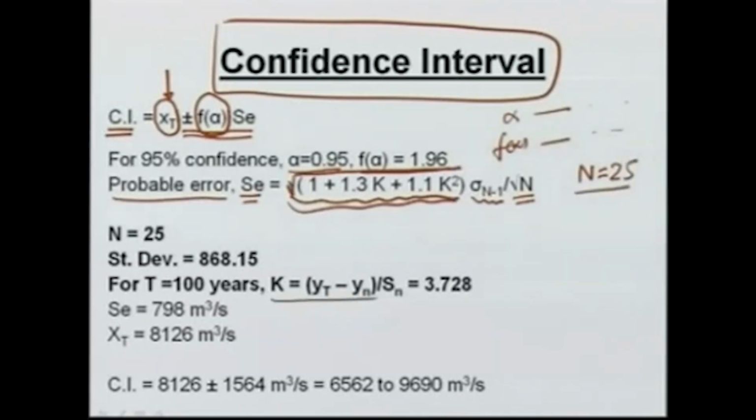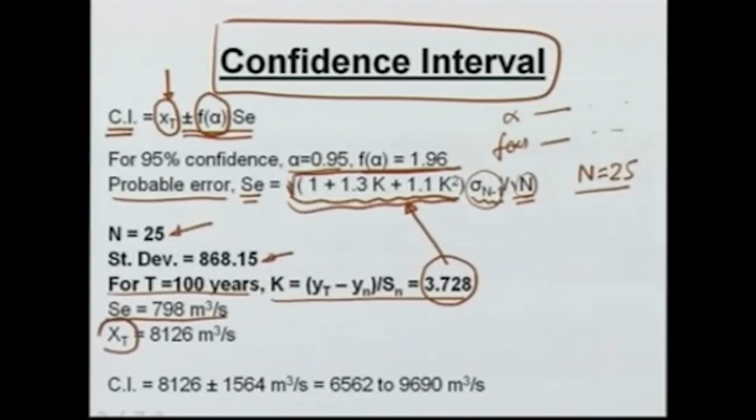K can be obtained using the same equation. For T equal to 100 years, it can be obtained as 3.728 with given values of n and sigma. So, using this data, we can obtain the probable error. Using K, we can obtain this constant, this is known, this is known. So, we get the value of SE as almost 800 meter cube per second.